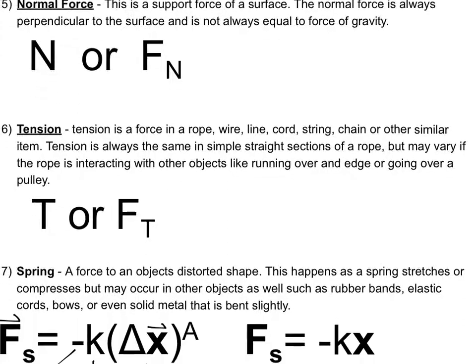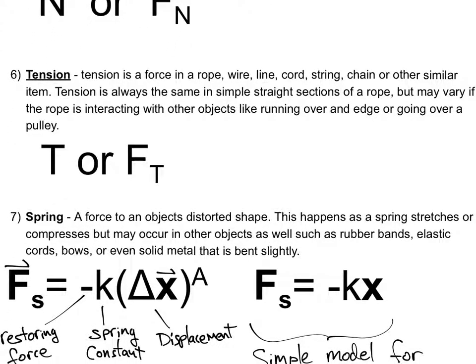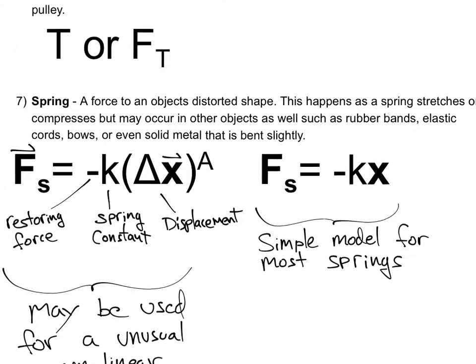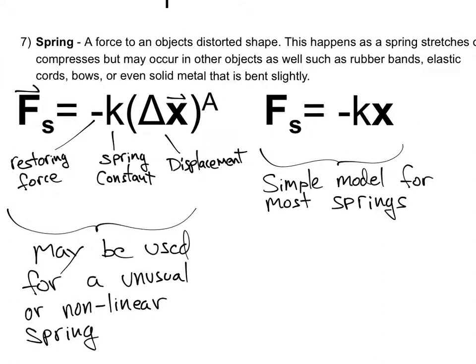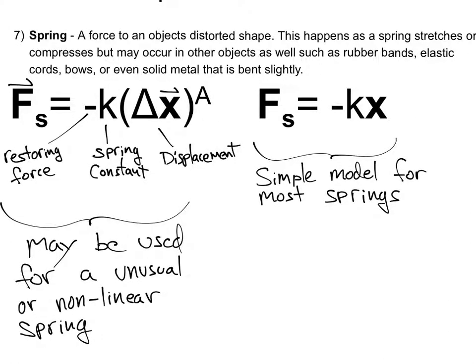Next, spring force. I believe the spring force may be the very last one that we look at. So a spring force is a force that's due, I forgot to write that in here, a force due to an object's distorted shape.